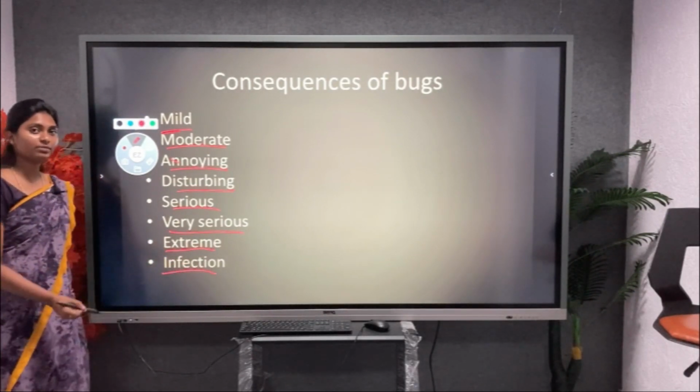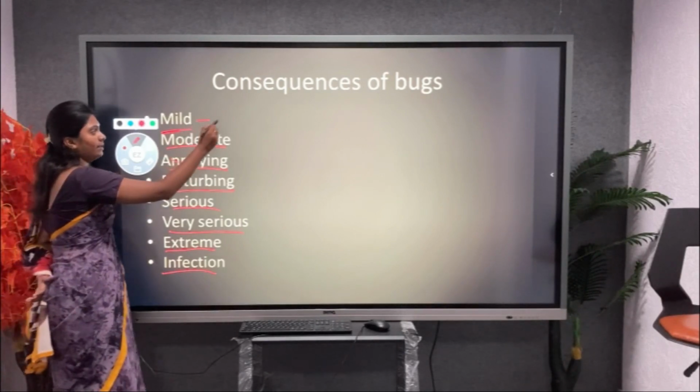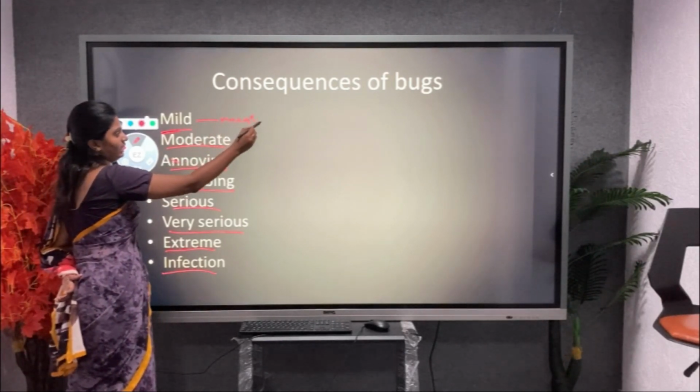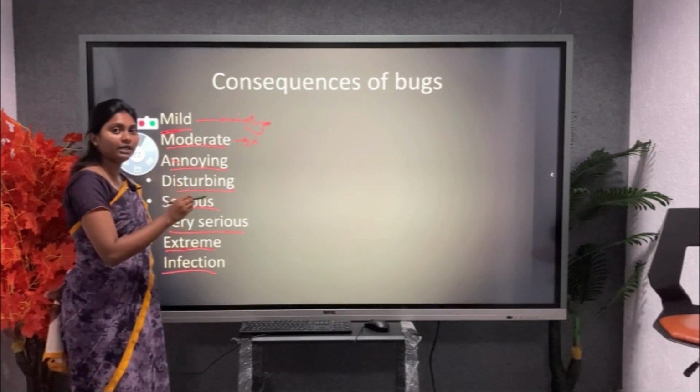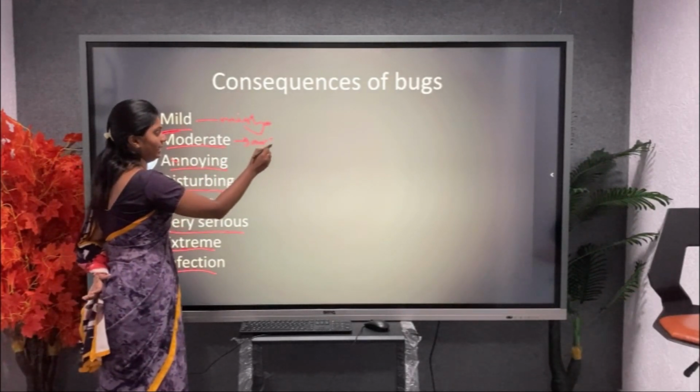What is mild? Nothing but missing data. Moderate means misspelled data.